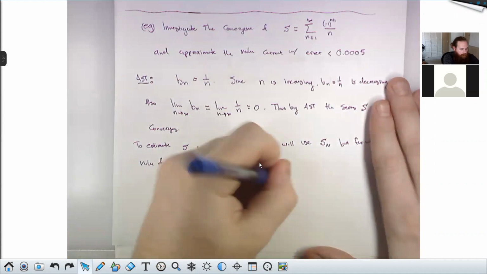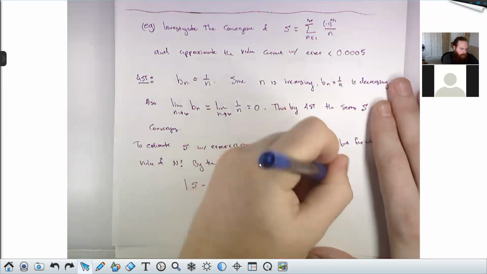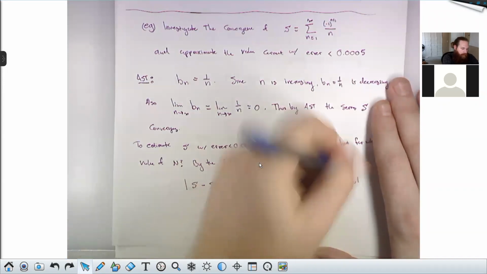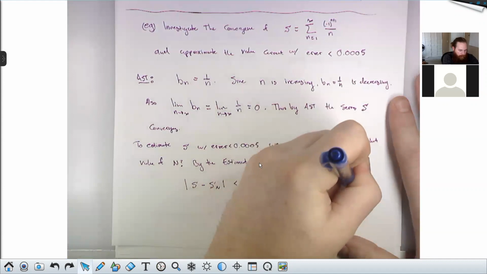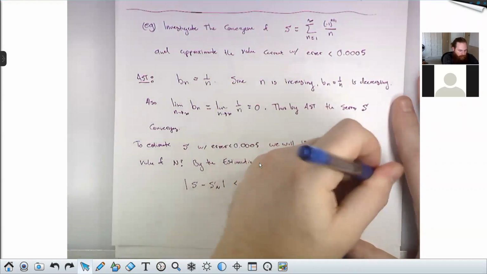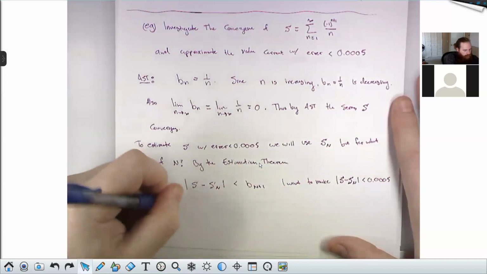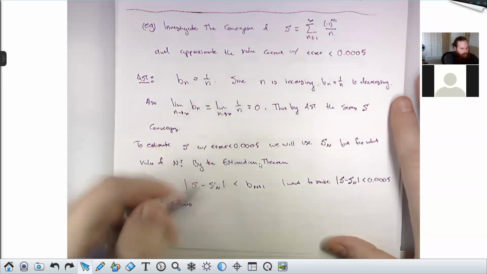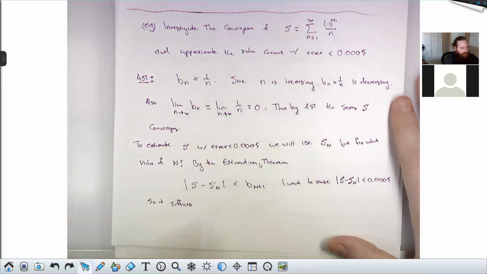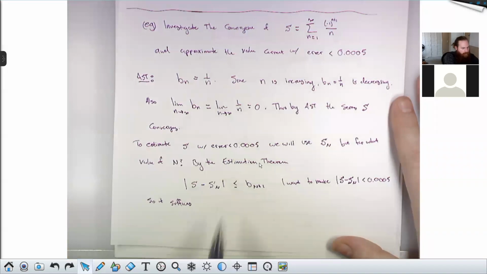I want to make S minus S_N less than 0.0005. So it suffices, since S minus S_N is less than or equal to b_(N+1), if I want to make that less than 0.0005, I just have to make this less than 0.0005.